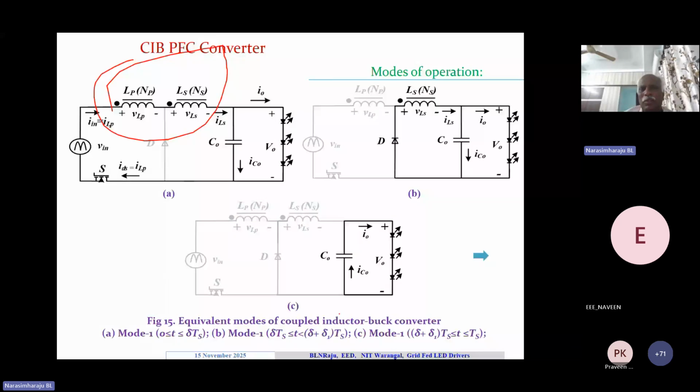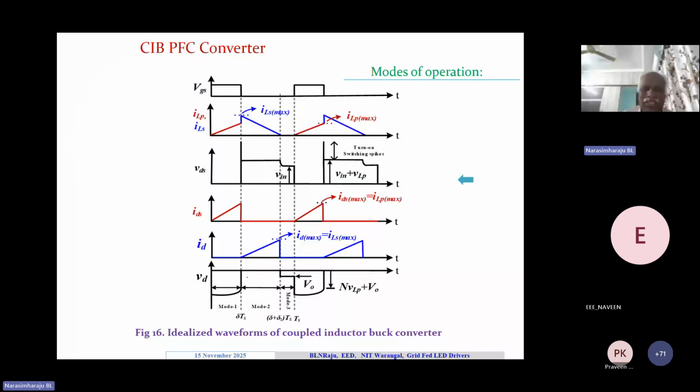Without much addition, with a simple concept of a coupled coil and this DCM, we could provide step down conversion. That's the most desirable feature for low voltage operating LED lamps, and also power factor correction. So these are some of the characteristic waveforms for our coupled converter.